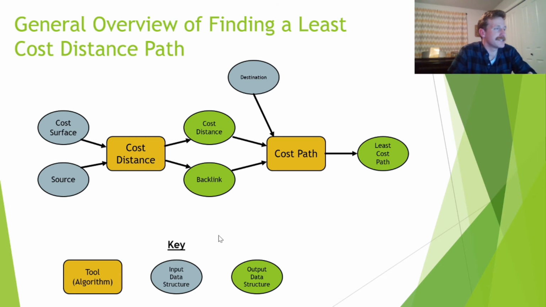So to find a least cost distance between 2 points, we need to feed a source and a cost surface into a cost distance algorithm, and that will give us a cost distance data structure and then a backlink data structure, which we can feed in with a destination data structure into a cost path to eventually get the least cost path. That's just a broad overview. We'll go through each of those real quick coming up.